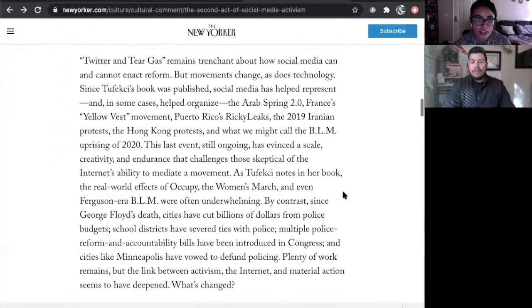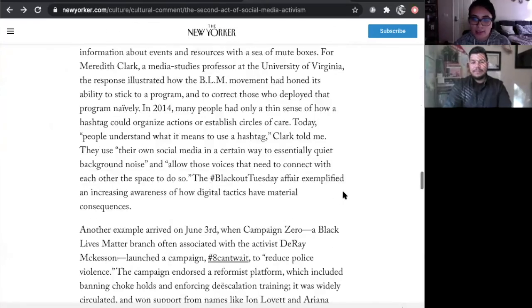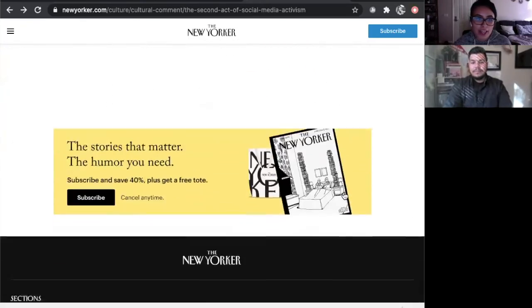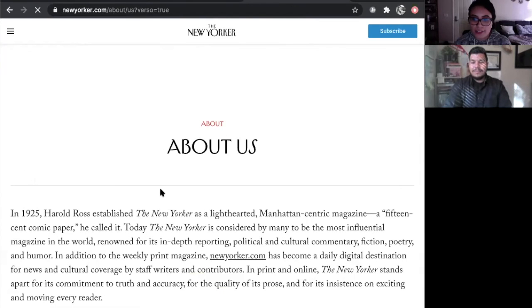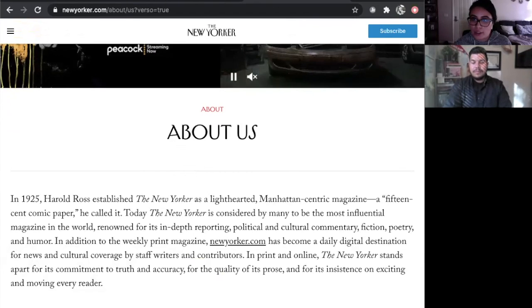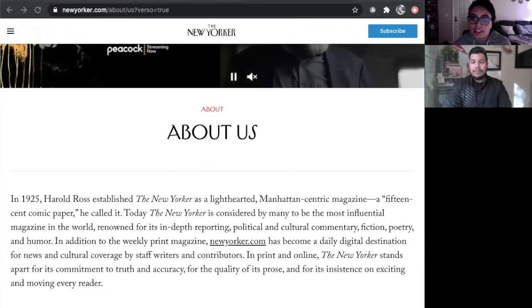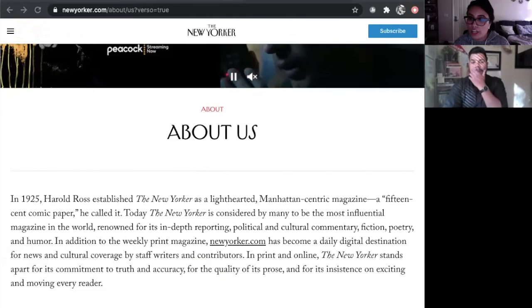Yeah, so I've heard of it, but what exactly is the New Yorker? Great question. So I guess again, let's check out the all the way at the bottom to see if they have more information about it. All right, beautiful. So the New Yorker is a magazine and they describe themselves as, quote, "the New Yorker is considered by many to be the most influential magazine in the world, renowned for its in-depth reporting, political and cultural commentary, fiction, poetry, humor," and so on.